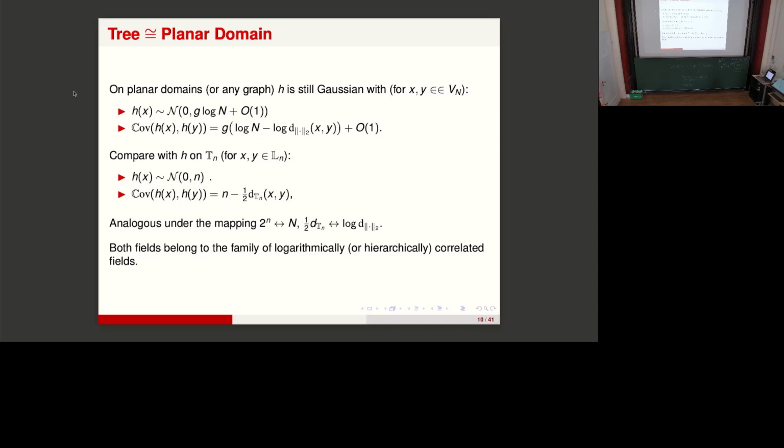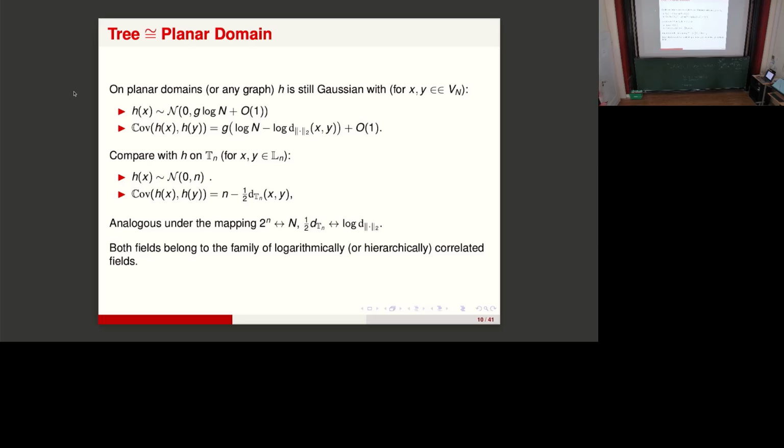For the discrete Gaussian free field in the bulk, the variance is g log n, and it's a logarithmically correlated field, so the covariance decays as log of the distance between x and y. On the tree, the variance is n, and the covariance decays like 1/2 the distance between x and y.